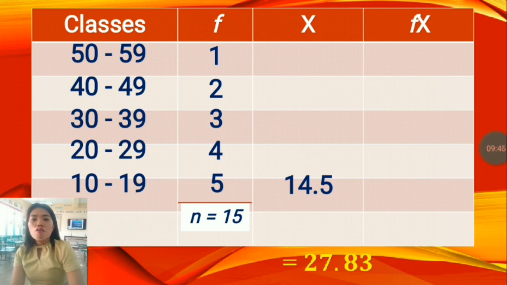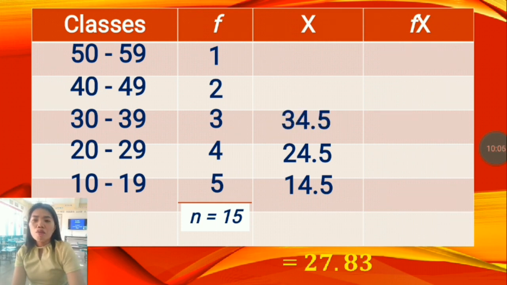Next, 20 plus 29 gives us 49, and divided by 2, that gives us 24.5. We'll do the same process: 30 plus 39 gives us 69, divided by 2 gives us 34.5.